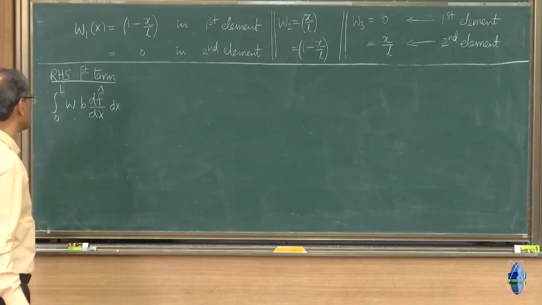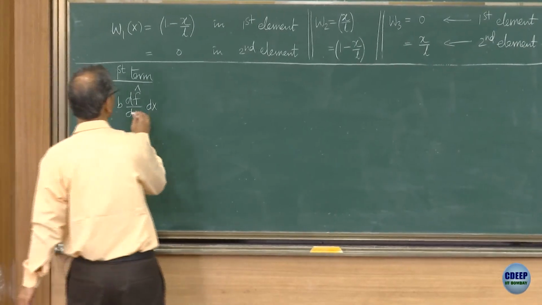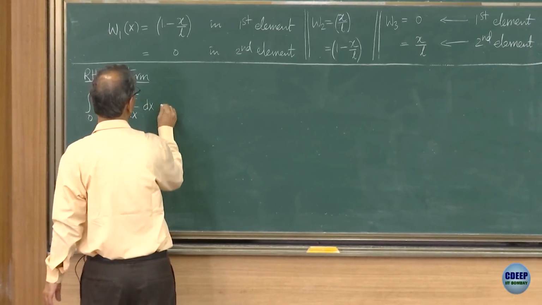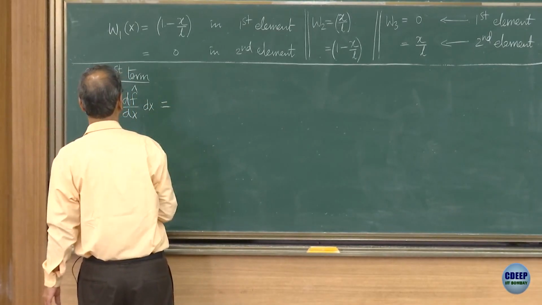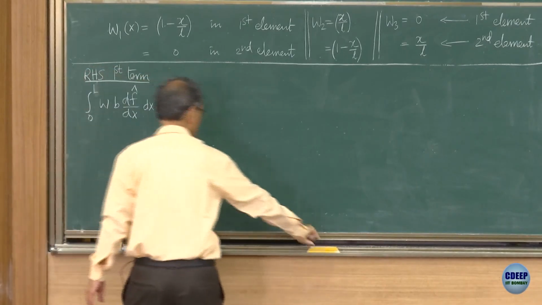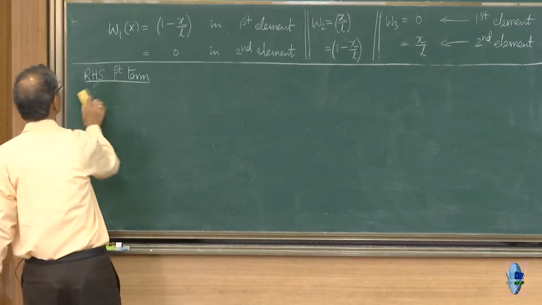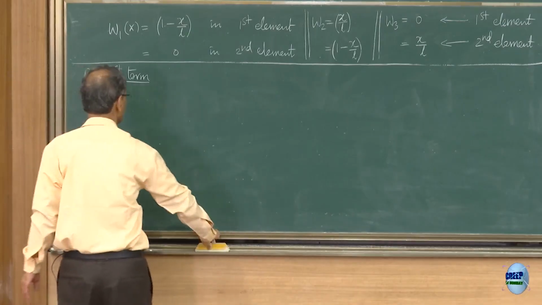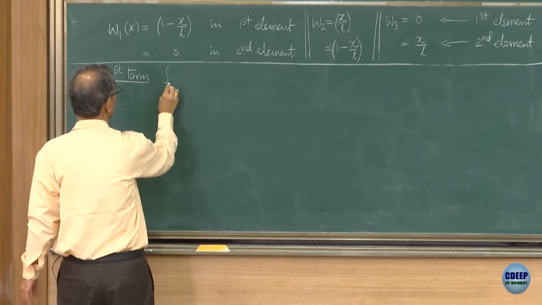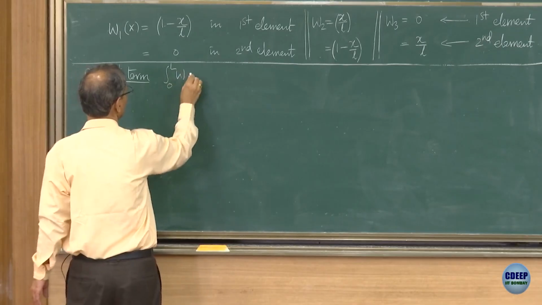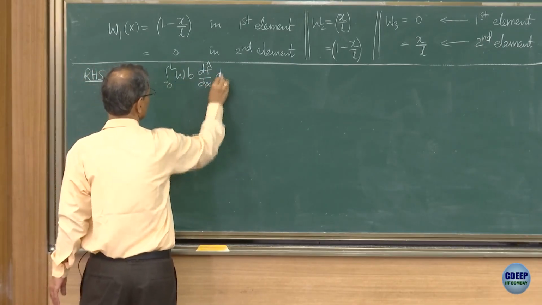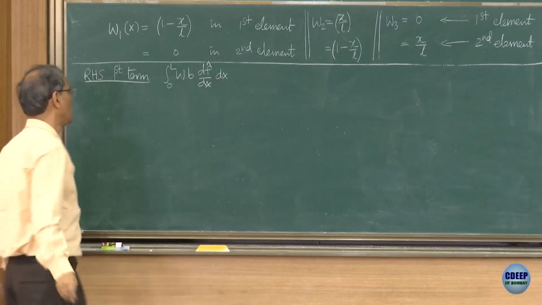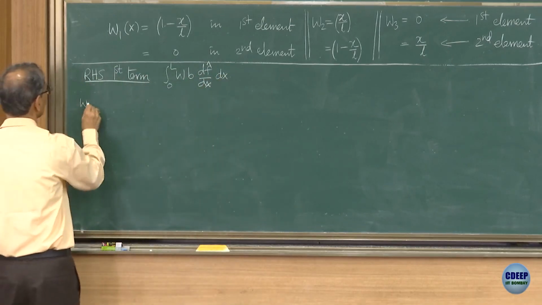You need to compute this. So we are going to look at it with respect to W1, say. I will write it here so that we remember what that term is: integral 0 to L W B df hat by dx dx. This is what I need to compute. So W is W1.